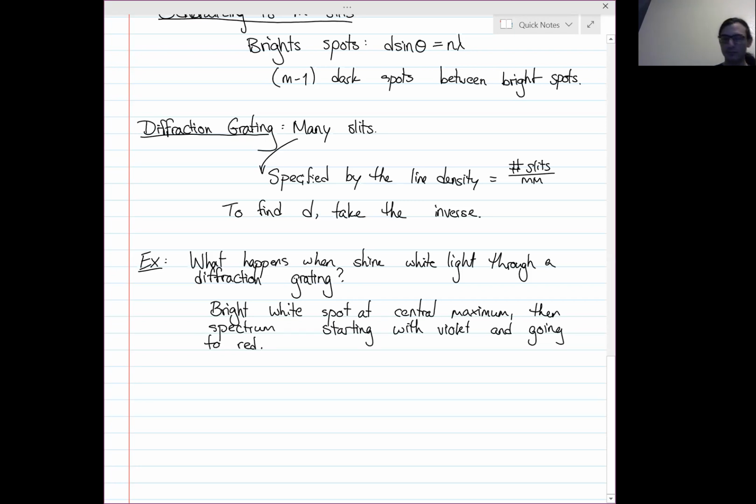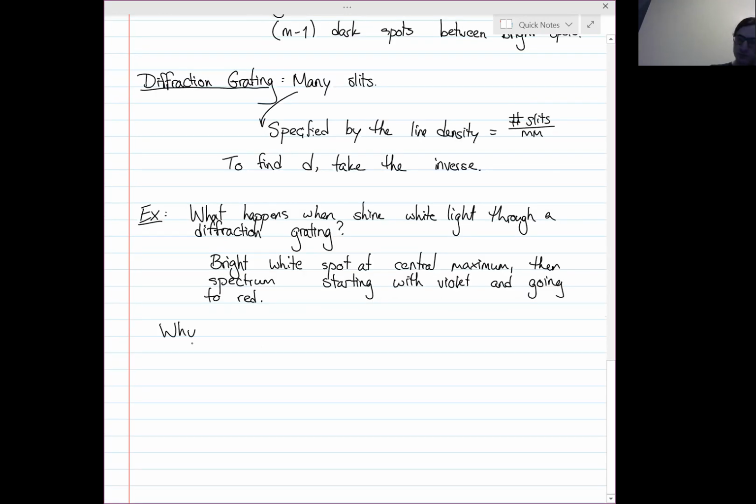Why does this happen? Well, a bright fringe occurs at a particular location. It occurs at a particular angle, right? It occurs when d sine theta is equal to lambda. That is the first bright fringe.